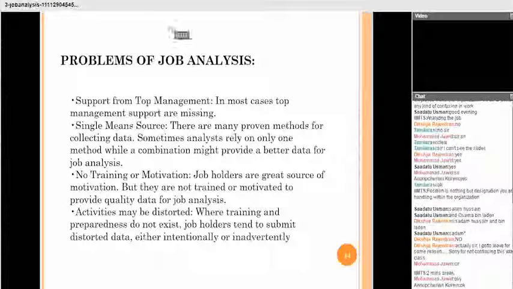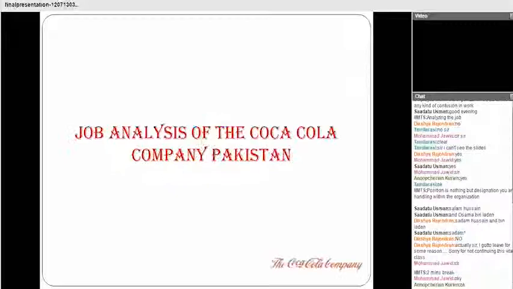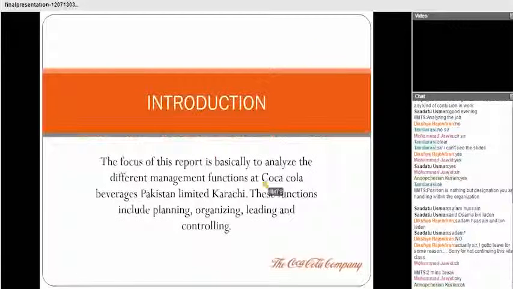So let's see one case study on job analysis. Let's see the job analysis of the Coca-Cola company in Pakistan. Introduction.